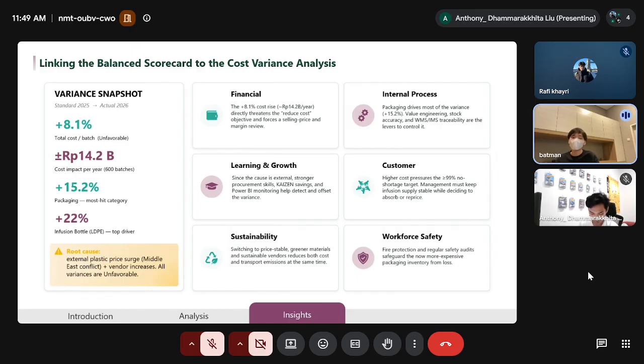On the learning and growth side, stronger procurement skills and Power BI monitoring help detect the problem early. And on the customer side, the company must keep the 99% no shortage promise while deciding whether to absorb the costs or raise the price. We also consider sustainability and of course safety, because greener materials and safer warehouses protect both cost and quality.